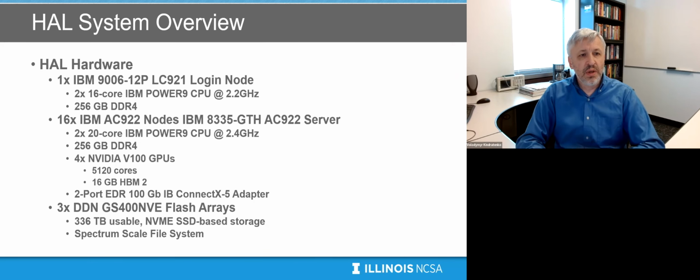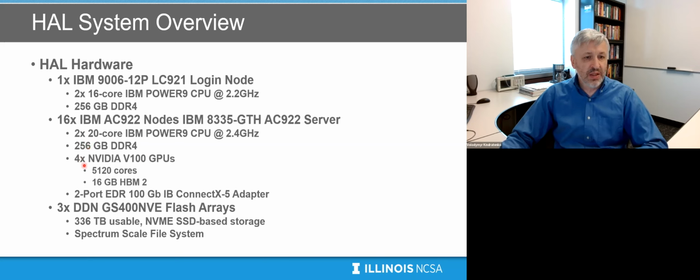So a few details about the hardware. The workhorse of this is our 16 IBM AC922 nodes. They have 2 IBM Power9 CPUs. Each CPU is a 20-core CPU. They also have 256 gigabytes of DDR4 memory. So together, these are pretty powerful servers.